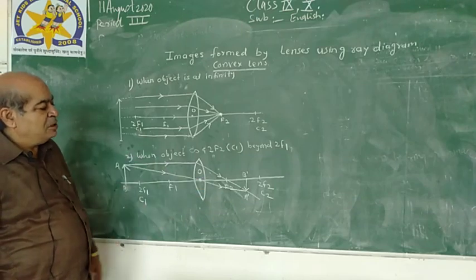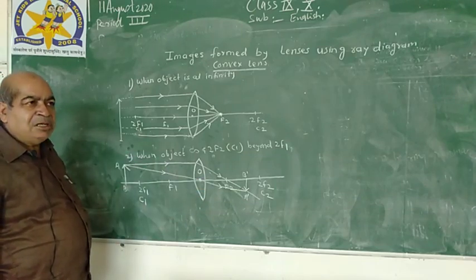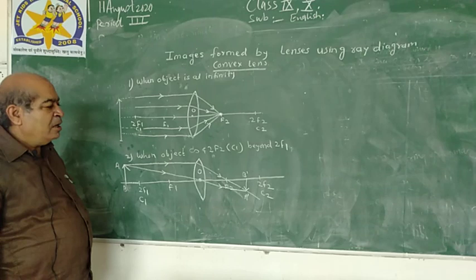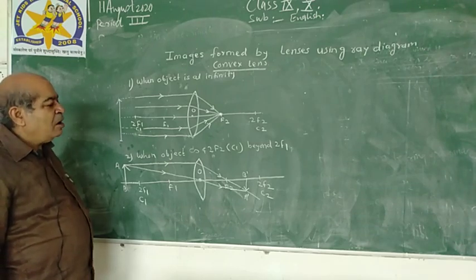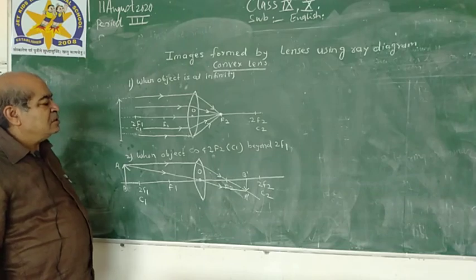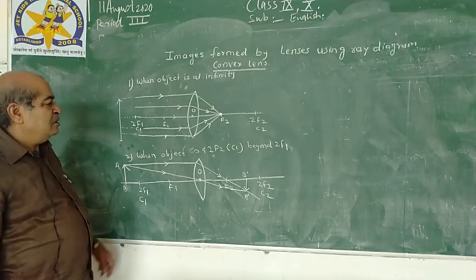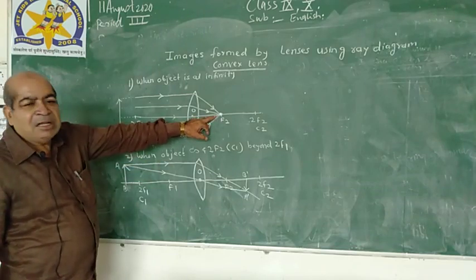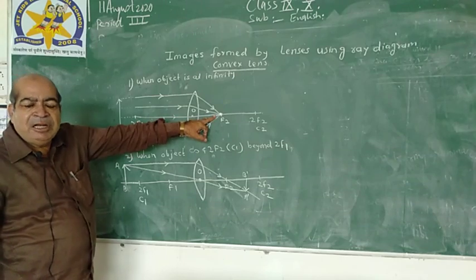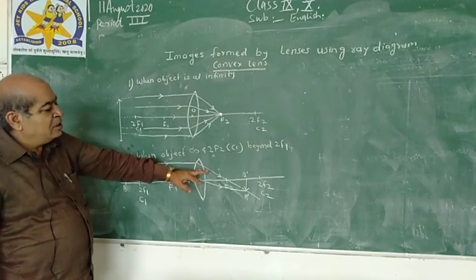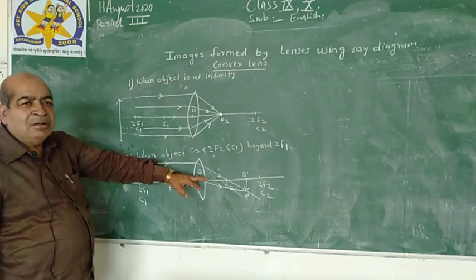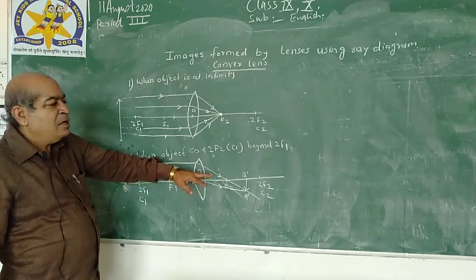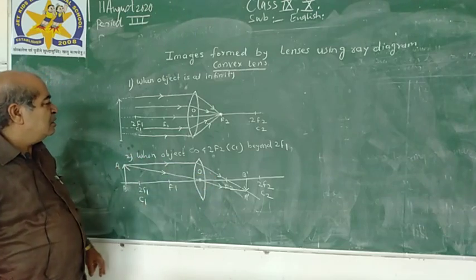The image is real and inverted, and it is diminished, meaning small in size. Here it is point sized and highly diminished. The image is diminished and small in size, and it is real and inverted.